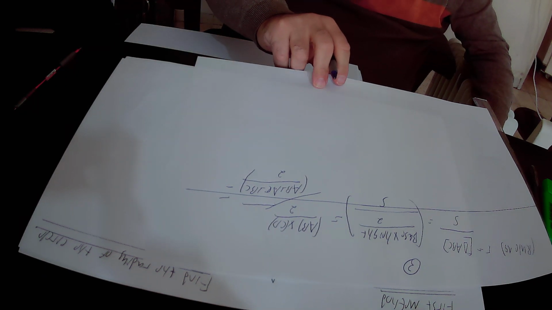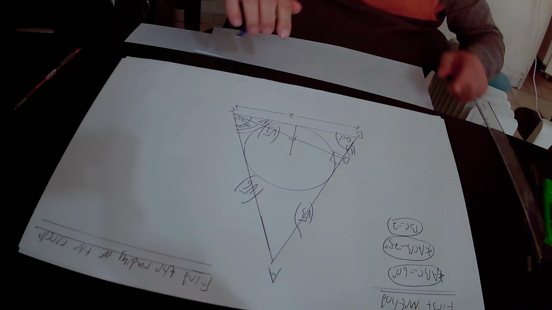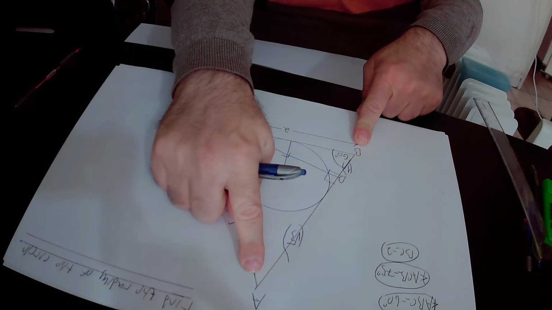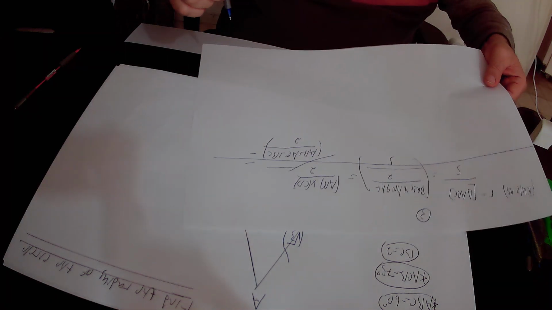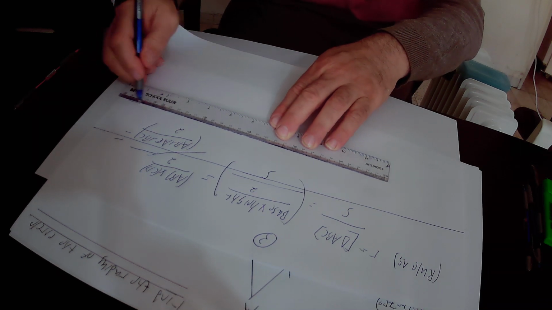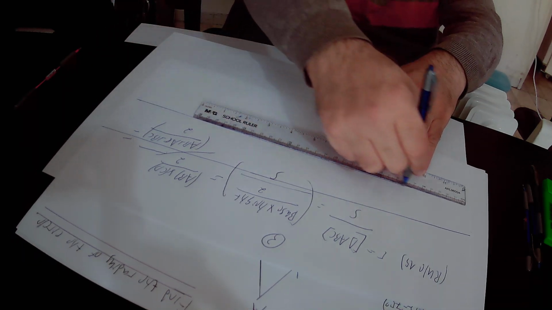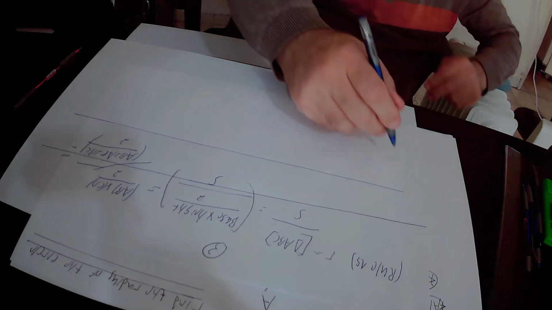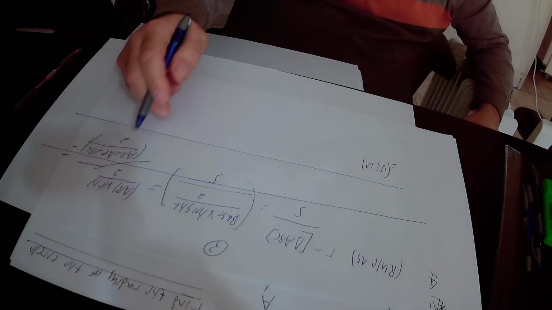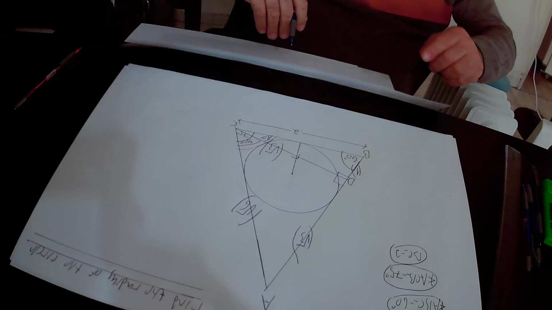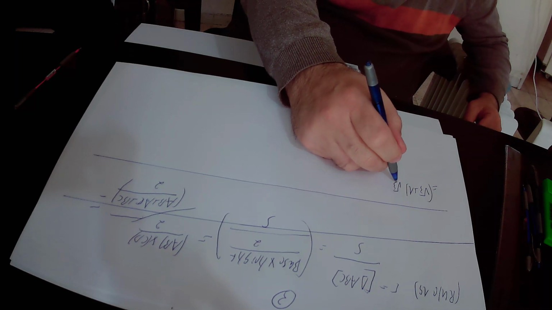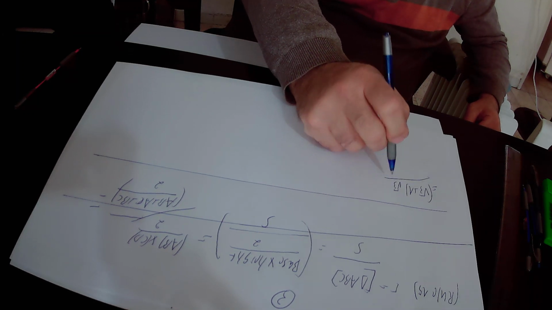So here, AB equals the square root of 3 plus 1, times CD. CD equals the square root of 3, divided by AB.